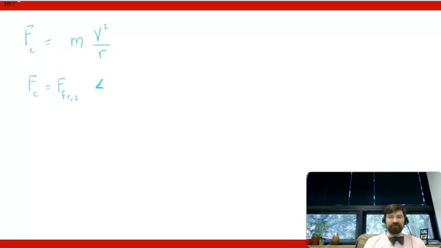And so that must be less than mu static times m times g. And so if you put these together, what you get is that m v squared over r, which is equal to this, must be less than mu static times m times g.